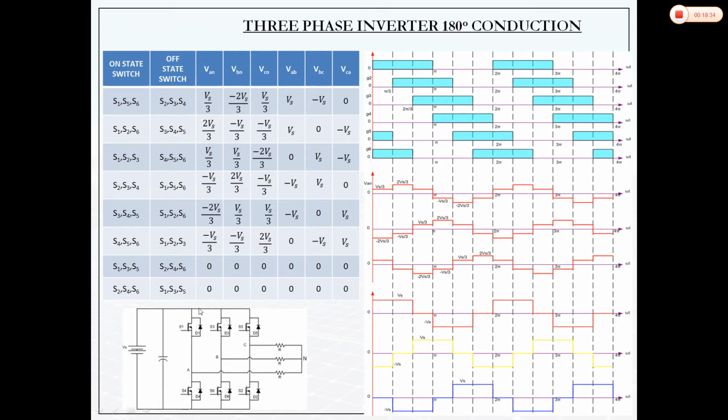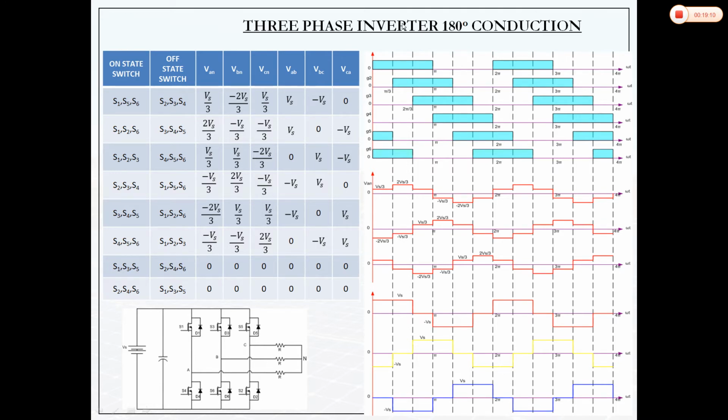If all the top switches 1 3 5 are turned on, or all the bottom switches 2 4 6 are turned on, in that scenario the phase voltage and line voltage have 0 values. So these states are also called 0 states. So we have 6 active states where we get output voltages, and 2 states are 0 states where we get 0 voltage.